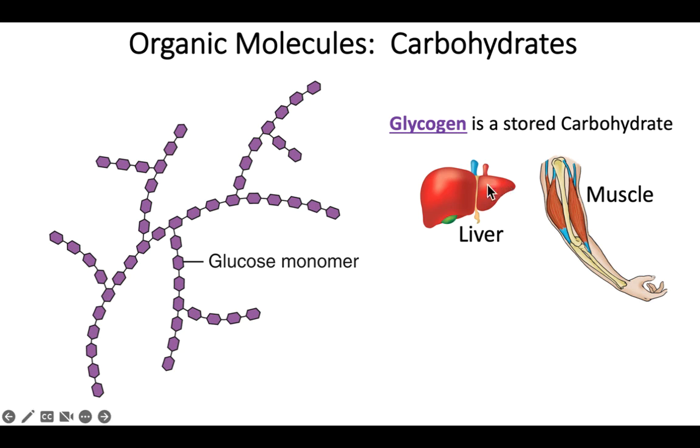Well, the liver takes the glycogen and breaks it down into glucose, and that goes into your blood. So that's how we fix low blood sugar. Very important, glycogen. We're going to get to it a number of different times in AMP1 and AMP2, but it's a stored carbohydrate.